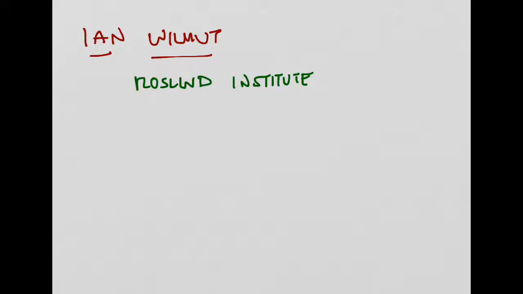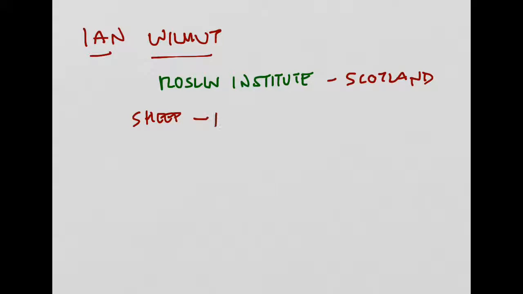Oops, I just took a look and it turns out it's not Rosalind, it's the Roslin Institute. And the Roslin Institute is in Scotland. They worked with sheep, and they cloned a sheep from an adult mammary cell in 1996.